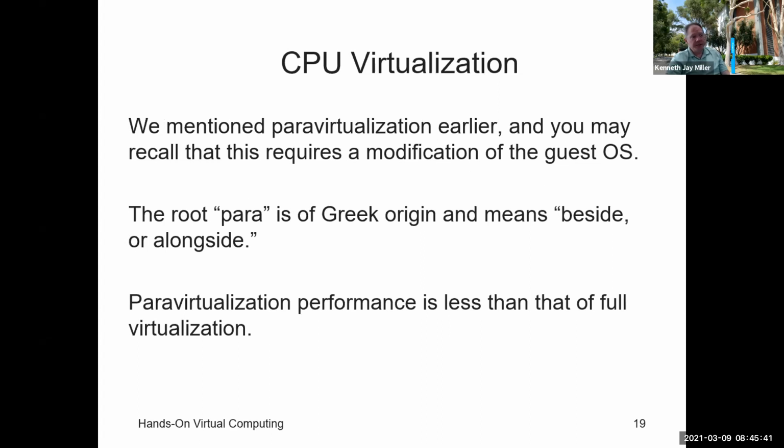We mentioned para-virtualization earlier, and that requires modification. The root word para is from Greek origin, and it means alongside or beside. One of the disadvantages of para-virtualization is that the performance is going to be a little less than if it was fully virtualized.